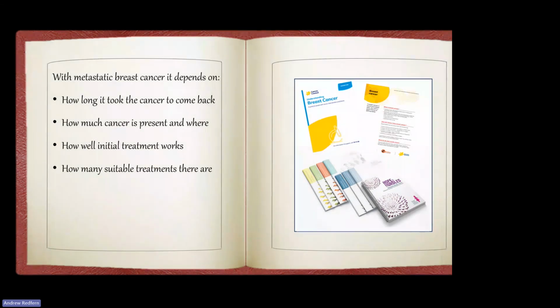But thankfully, recently we've had an expansion of possibilities for the triple negative group, and that's now evolving. And for a lot of people with breast cancer, I have many people now with metastatic breast cancer on treatments that didn't exist when they were first diagnosed. The initial treatments took care of the disease to the extent that now they need further treatment some years later, and we have new things we just didn't have.